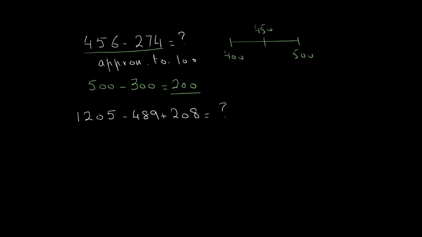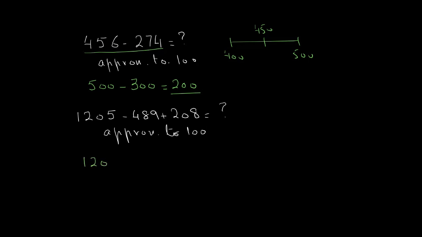Now please note, I'm again going to approximate to the nearest 100, and you can see that we are mostly approximating to the nearest 100, and you can ask why. This requires some experience of whether you should approximate to the nearest 10 or nearest 100, but right now we're just approximating to the nearest 100. So 1205 to the nearest 100 is going to be 1200.